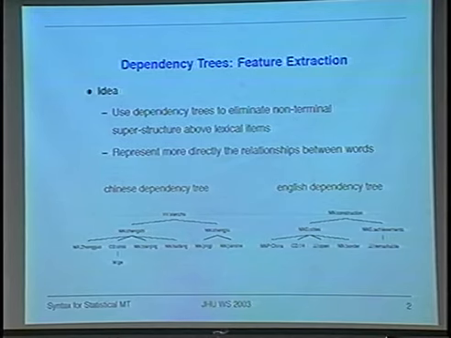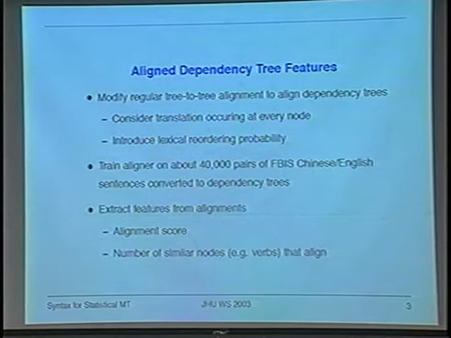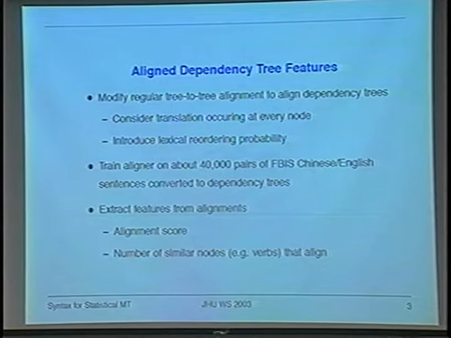The first thing that we did here was to run the tree-to-tree alignment on dependency trees. To do that, we had to modify the existing program, first by allowing translation to occur at non-terminal nodes, because in normal constituency trees all the words are at the bottom, but now they're throughout the tree.